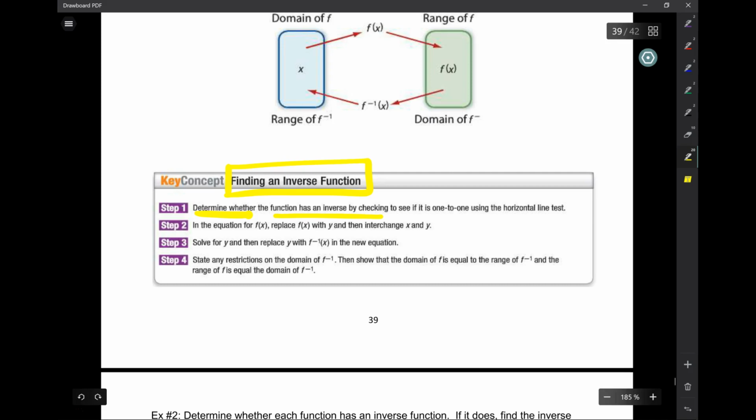Once you determine that you're going to find the inverse function, we replace f of x with y, and then interchange x and y. We solve for y, and replace with f inverse, and then we have to state any restrictions for the domain. That's what we were talking about before.